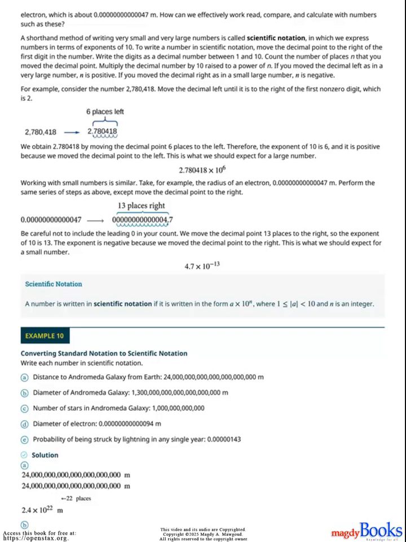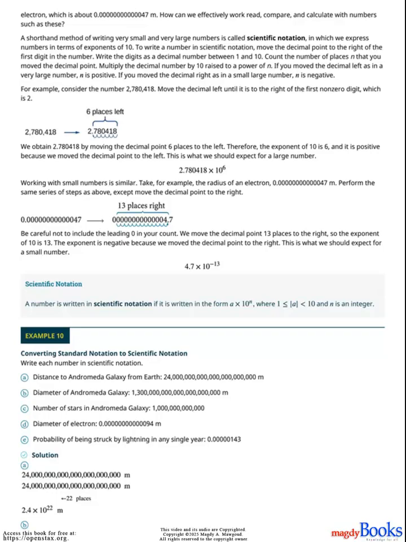Working with small numbers is similar. Take, for example, the radius of an electron, 0.0000000000047 meters. Perform the same series of steps as above, except move the decimal point to the right. Move it 13 places right, to get 4.7.